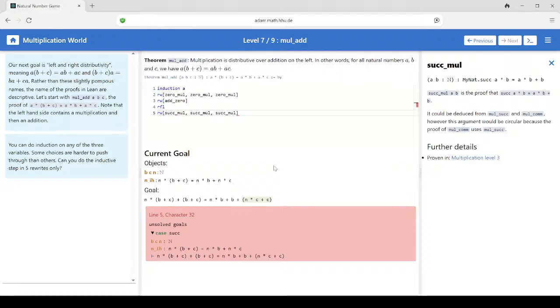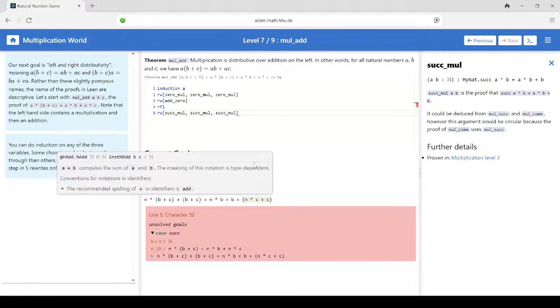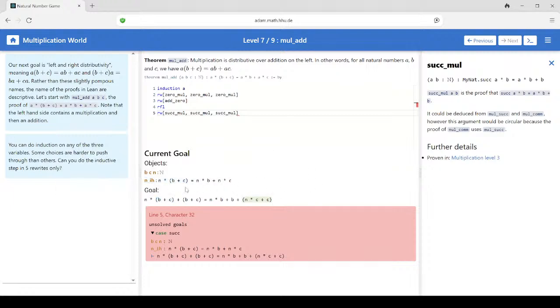But what can I do? Oh, I can use the induction hypothesis to turn this into an n times b and an n times c. So that seems like, yeah, okay.